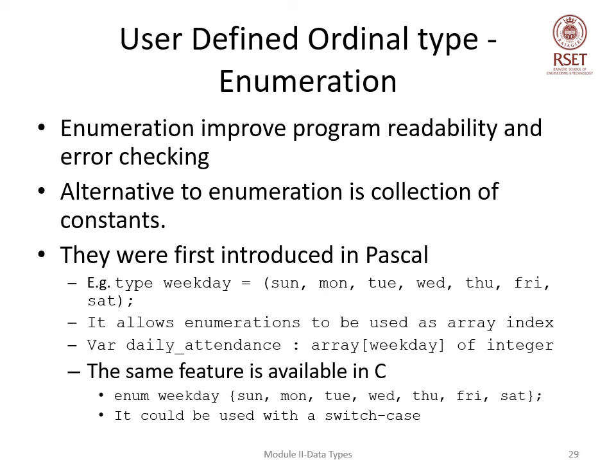Now this will allow the arrays to use these values Sunday, Monday, Tuesday, etc. as array index. It will give a much more meaningful program. When the programmer reads through the program, it would be much easier. The same feature is available in C, where enum is the keyword that is used for declaring enumeration, and we can use the enum data type with switch case.